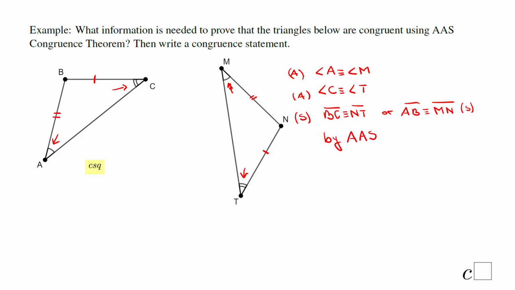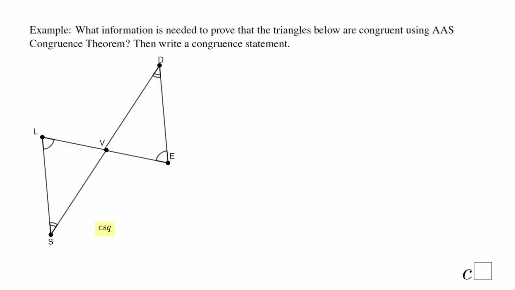Okay, and we're gonna have triangle ABC congruent to what triangle? MNT. So again, two choices here. We can have this information, which will accomplish the pattern angle, angle, side, but also we can have this choice.